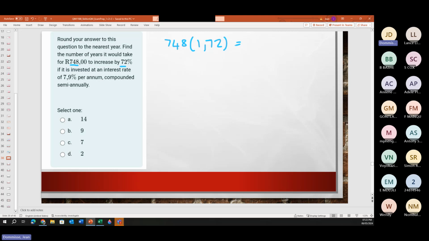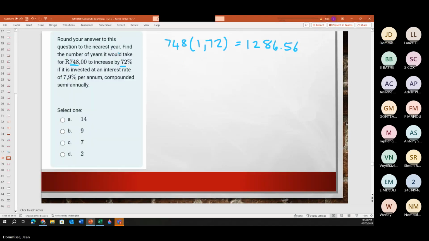So that new value will be 748 times 1.72, which is 1286.56. You can also, if you divide that by 748, get 1.72 again. So that's the increase of 72%.